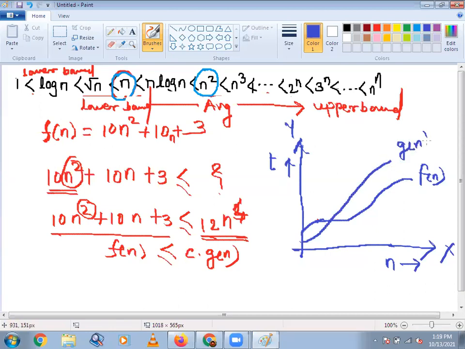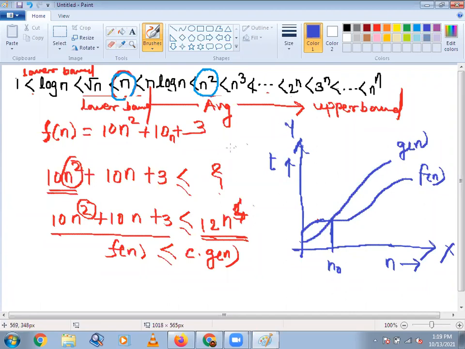Whenever you get n0, from that point g of n goes towards the upper side and f of n goes towards the lower side.